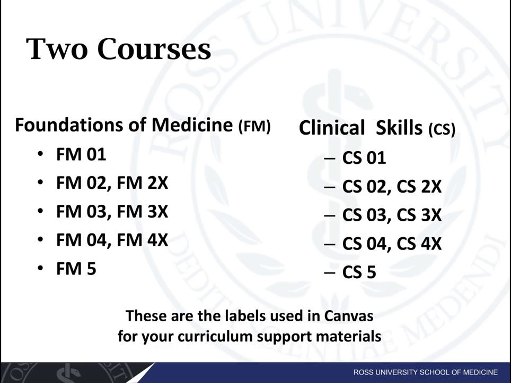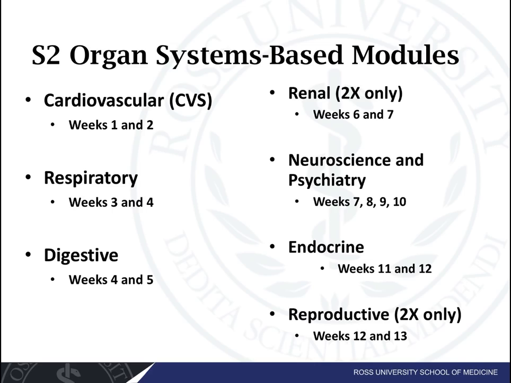And so the 2 cores of the material you're going to be given throughout this semester are part 1 would be the Foundations of Medicine, and part 2 would be the Clinical Skills course. Both of these are going to be making up this next semester for you. For the basic modules, the organ systems are going to be broken into cardiovascular system, respiratory system, digestive system, neuroscience and psychiatry, and the endocrine system.